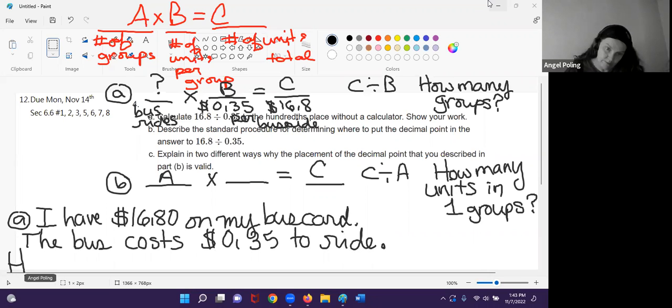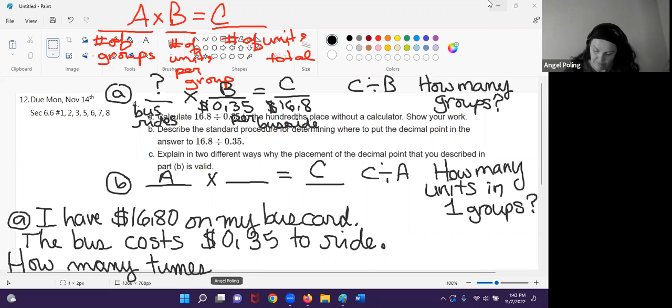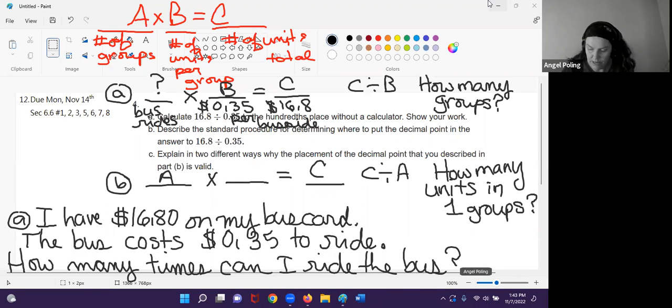How many times can I ride the bus? Right, so we use that as an example to try to get our brain around the money example anyway.